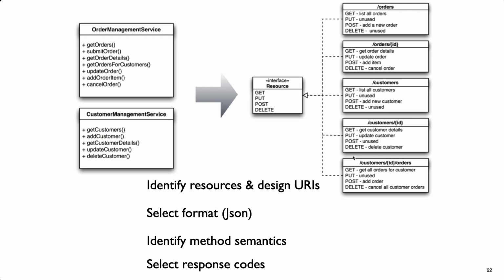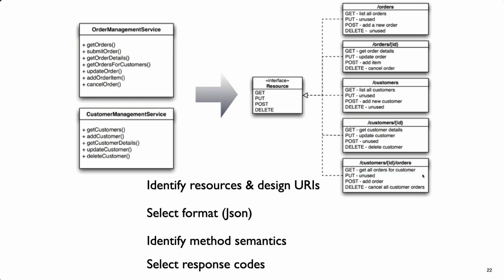And if you look then at this one, perhaps the most revealing, if we GET on a URL that is customer/number/orders, we're getting all the orders for that customer. If we do a PUT on that URL, it doesn't make any sense.